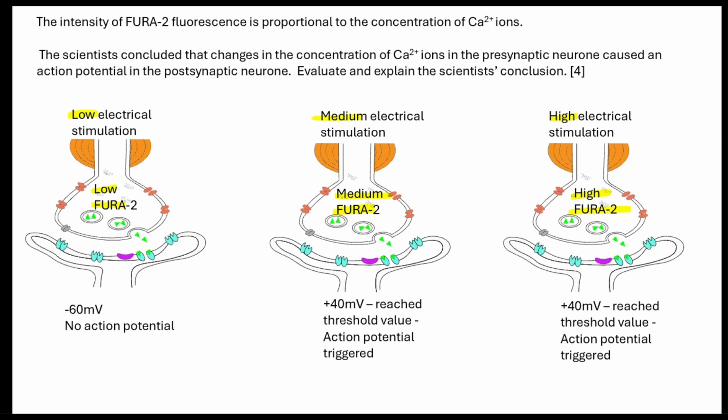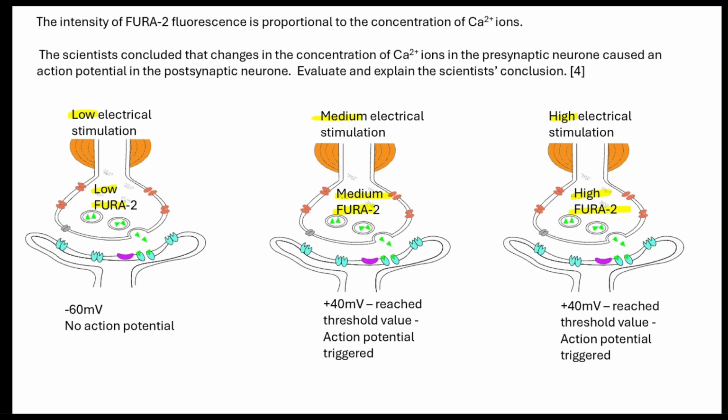So remember, evaluate is about supporting and not supporting. And this is where we can say that when we look at the medium to the high, that change in the concentration of calcium ions in that presynaptic neuron causes an action potential in the postsynaptic neuron. When you change from medium to high, there is no change in the membrane potential of the postsynaptic neuron.